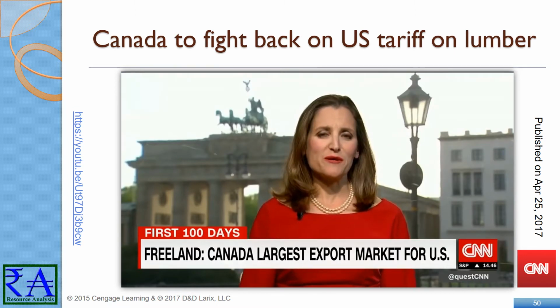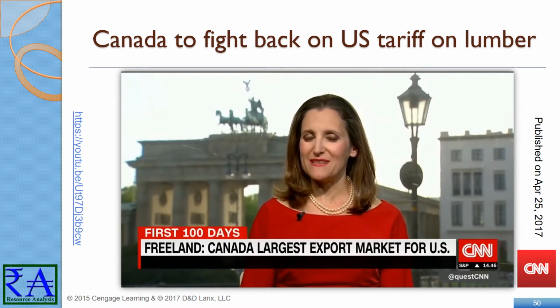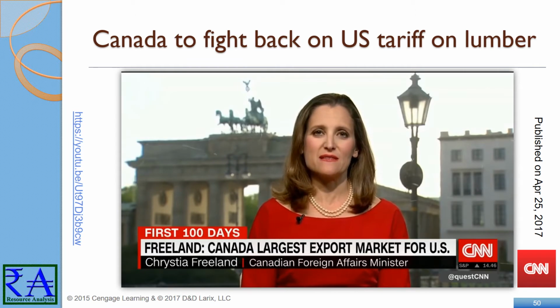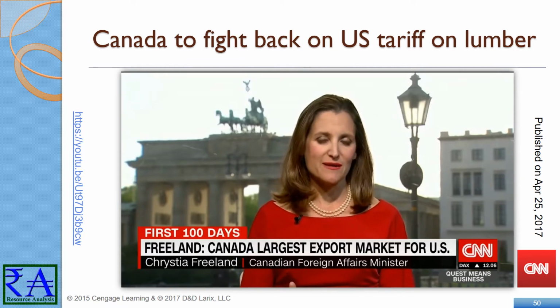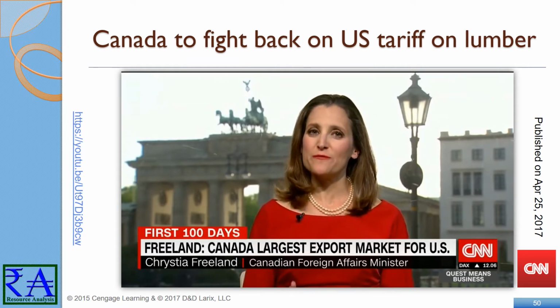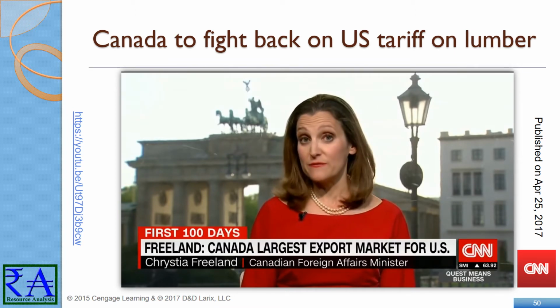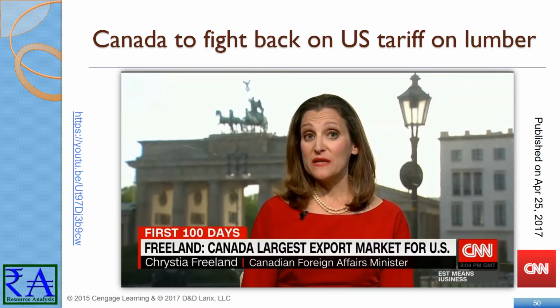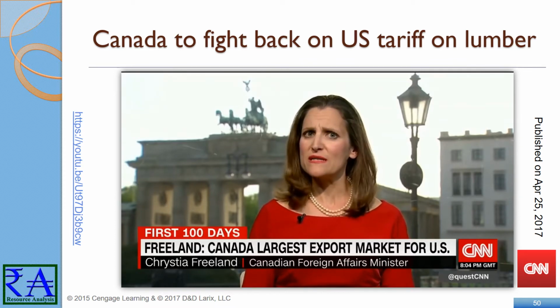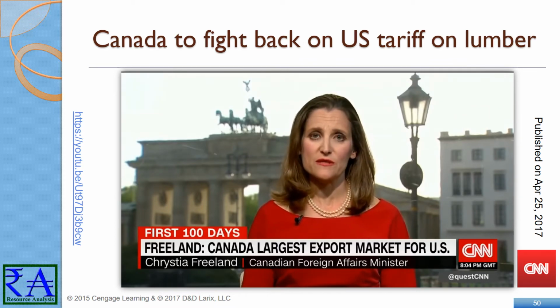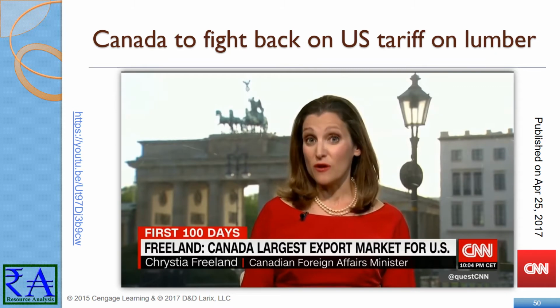So softwood lumber is a long-standing issue between Canada and the United States. This is actually known as Lumber 5. It's our fifth round of this dispute, and we absolutely will defend our industry. Our view is that these tariffs, that the U.S. allegations that somehow we're subsidizing our industry, our view is that's simply wrong.